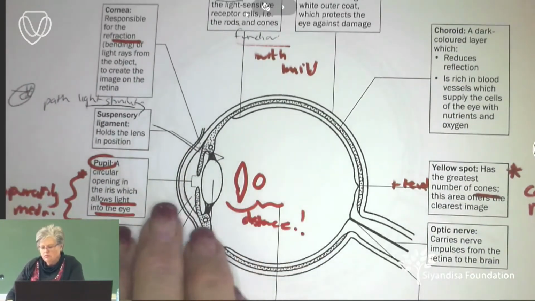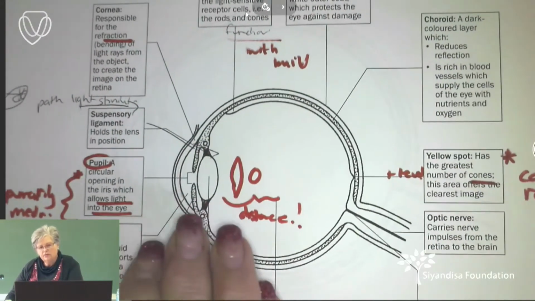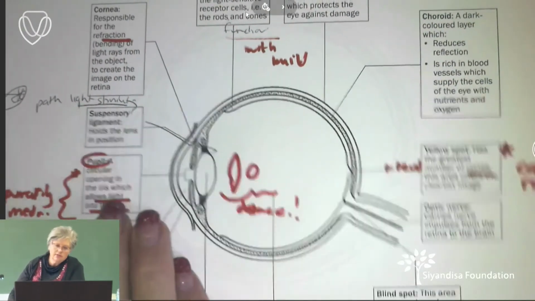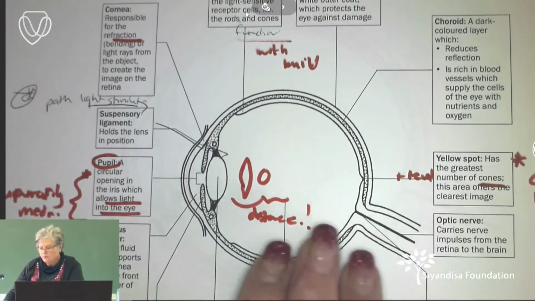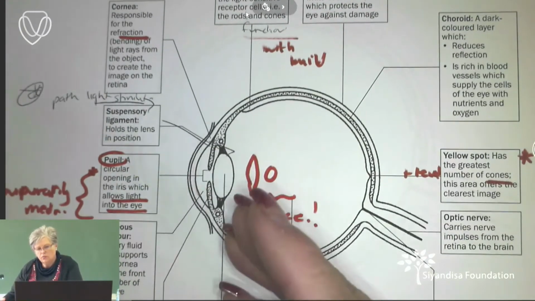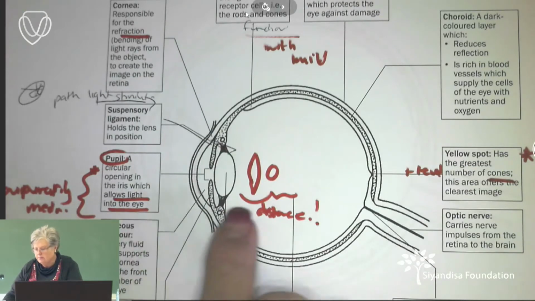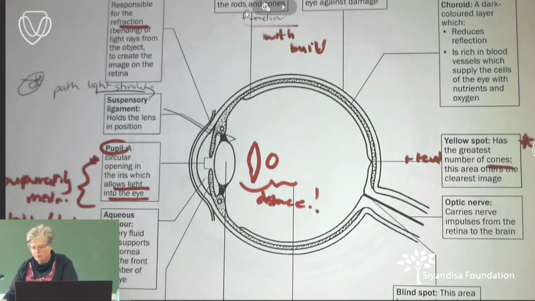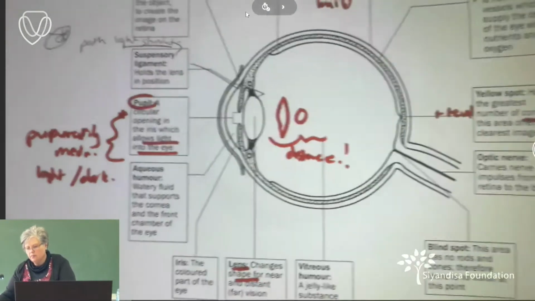Now, the recall of what is the part and what is the function is mainly level A and B questions. I want to focus on the two parts that lend themselves to the more difficult questions, and that is the pupillary mechanism and the lens, the change of the lens, which we call accommodation.